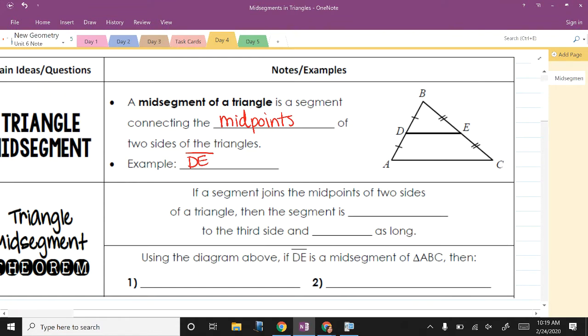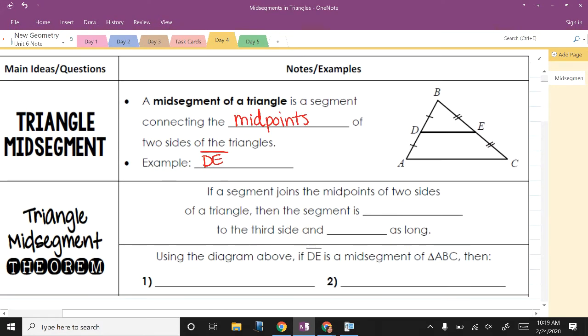All right, so this creates some really good relationships in a triangle. So this is the triangle mid-segments theorem. If a segment joins the midpoints of two sides of a triangle, then the segment is parallel to the third side, and it's half as long as the third side.